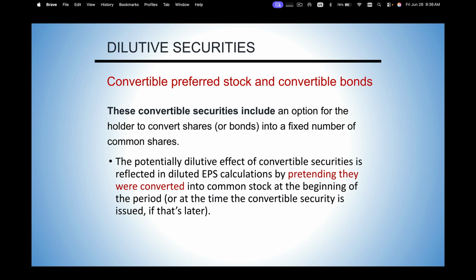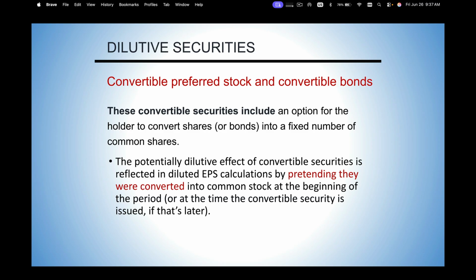Let's first talk about convertible preferred stock and convertible bonds. These convertible securities include an option of the holder to convert the shares of preferred or bonds into a fixed number of common shares.